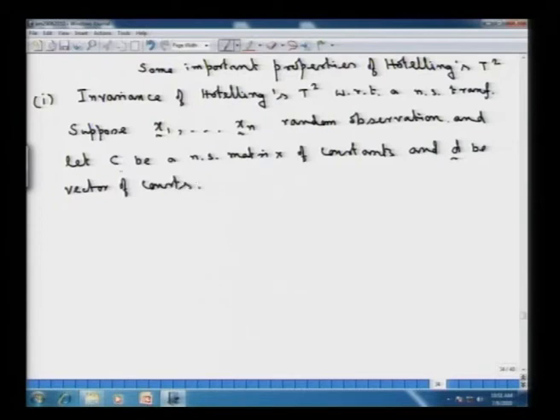Using this C non-singular matrix and D the vector of constants, we can make a transformation from x to Cx plus D. Suppose all these x's are m dimensional; we will take C to be an m by m non-singular matrix and D to be an m by 1 vector. So this is a new vector derived from the x random vectors.